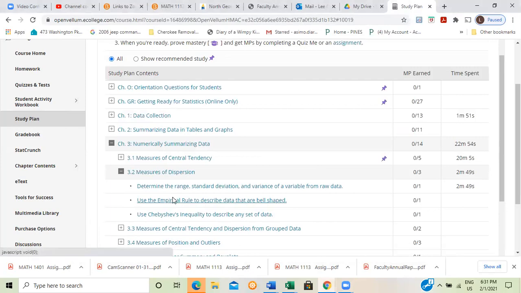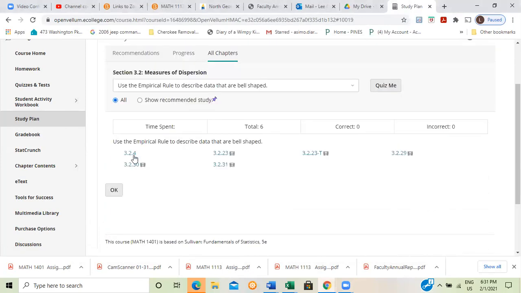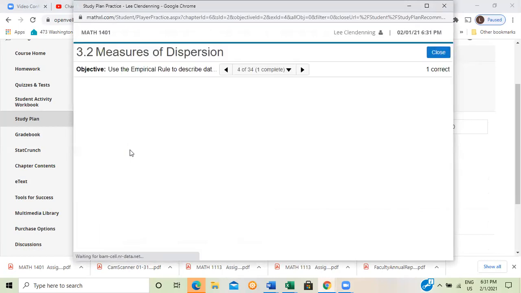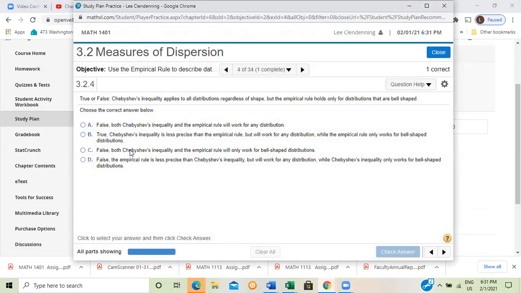Empirical rule 3.2.4. I want to go to the next page. True or false? Chebyshev's inequality applies to all distributions regardless of shape, but the empirical rule holds only for distributions that are bell-shaped. That is true. I'll let y'all enter it.